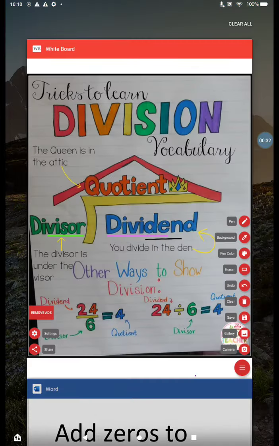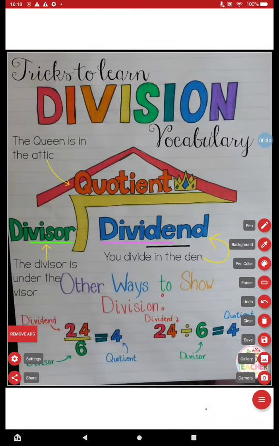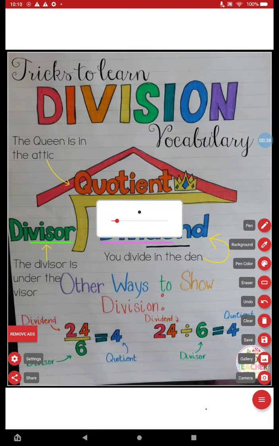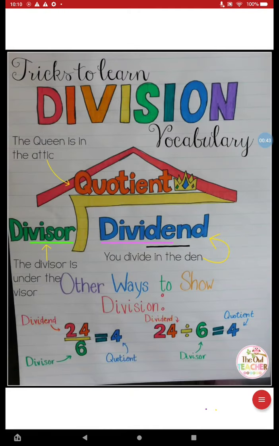Now the very first thing we're going to do is I found this really cool anchor chart to help us remember what the vocabulary is for all of this division. Remember, I've got my division bar. The dividend is in the den, right?